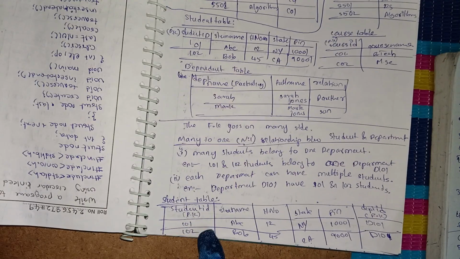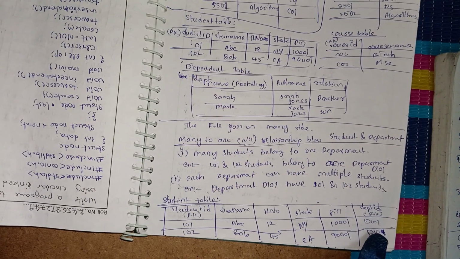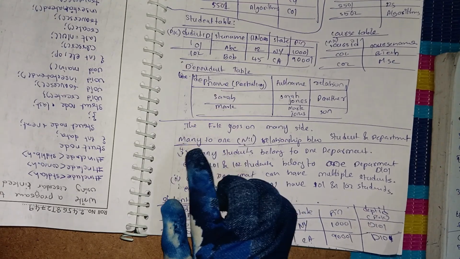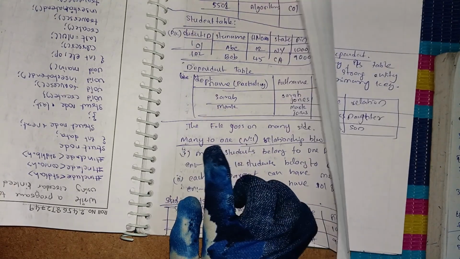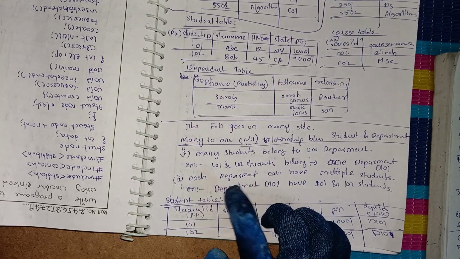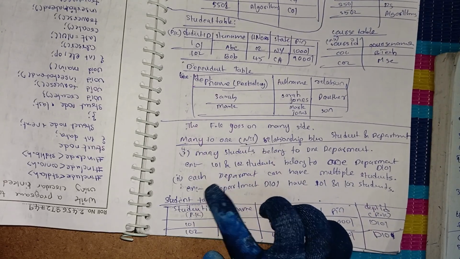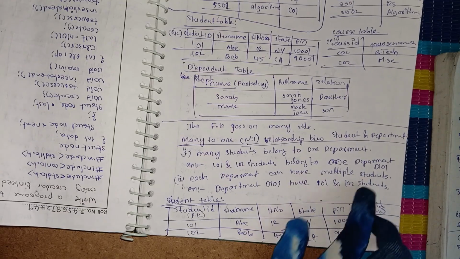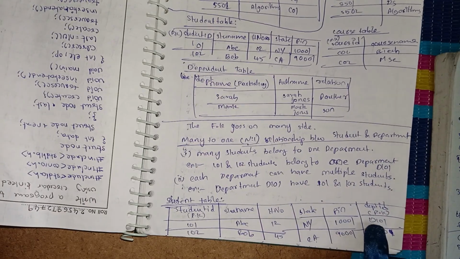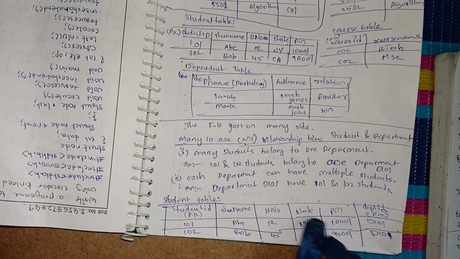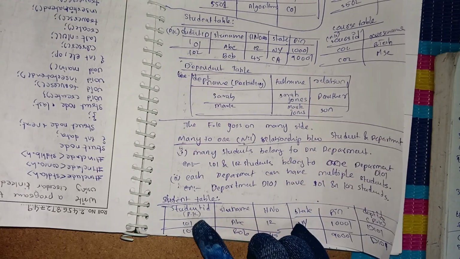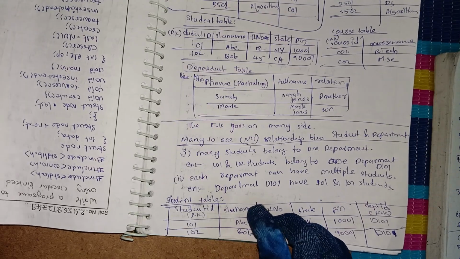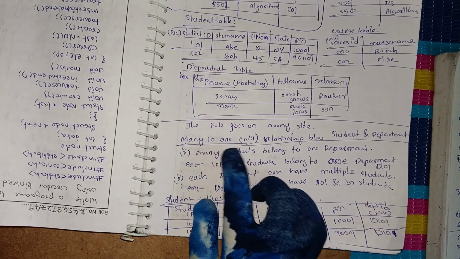These two students belong to only one department. So we get a statement from left to right, that is many-to-one, and then from right to left, each department can have multiple students. For example, department D101 has multiple students, 101 and 102. So we have stated the statement for a one-to-many relationship.